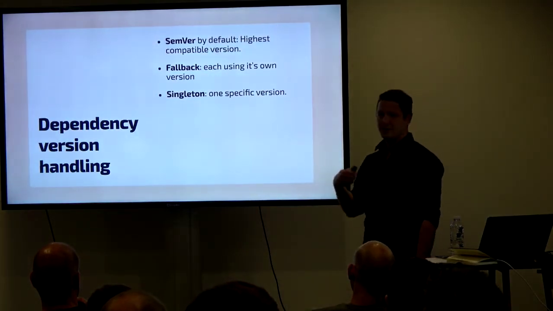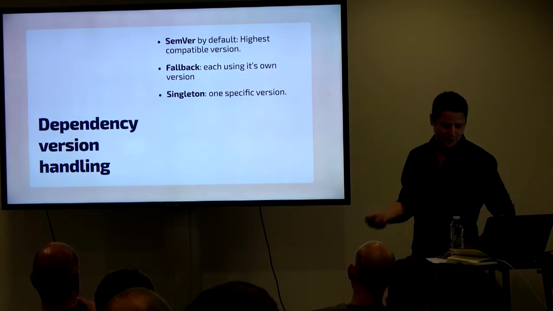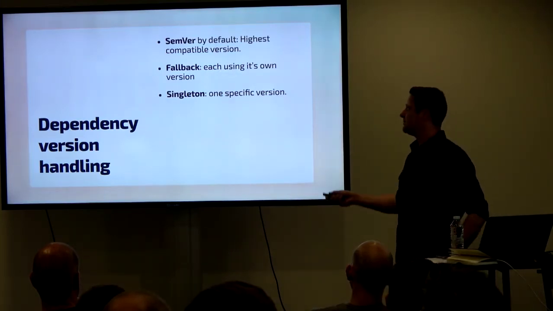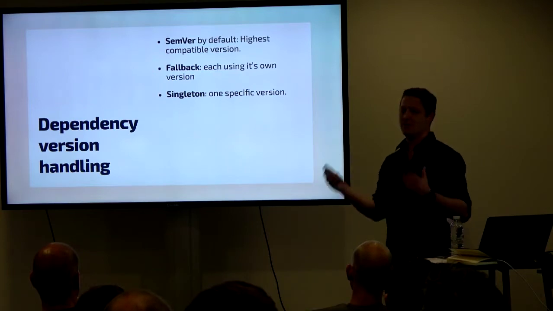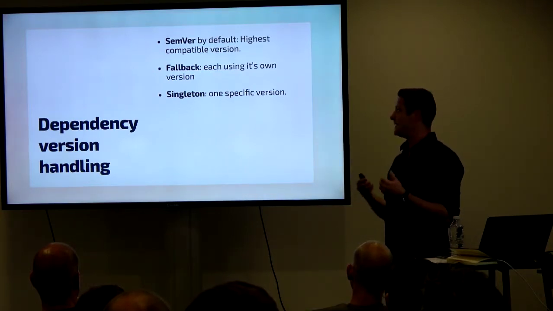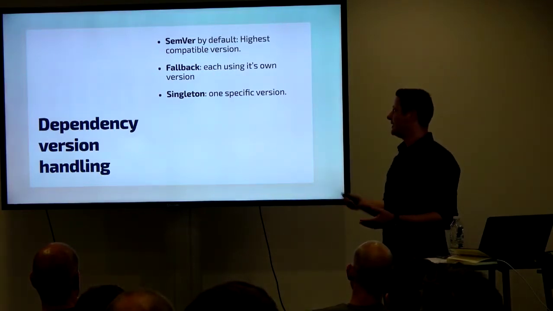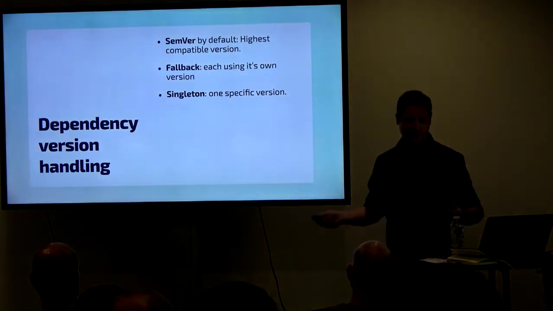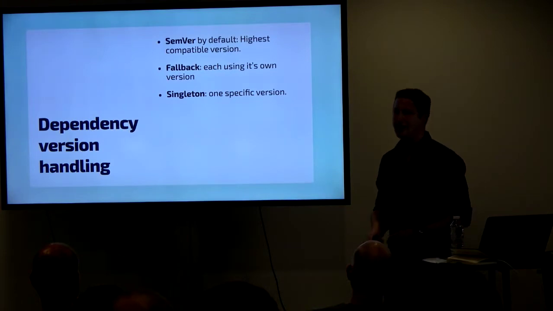So one really awesome thing about this is the dependency version handling. It has three main topics or subjects. It has semantic versioning. It has either a fallback or a singleton way of handling the code.